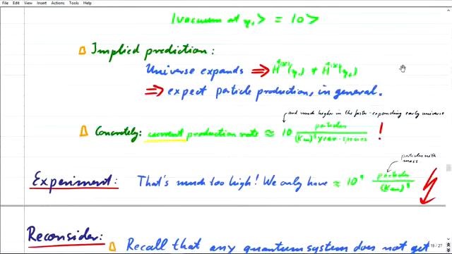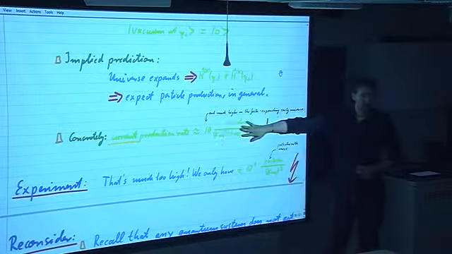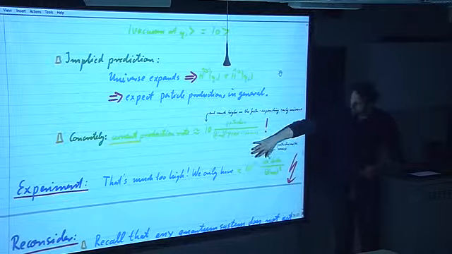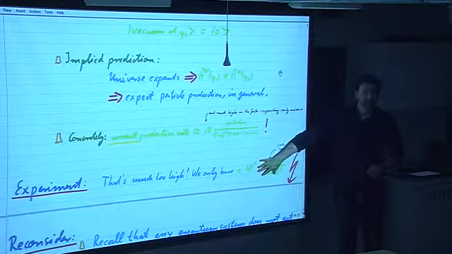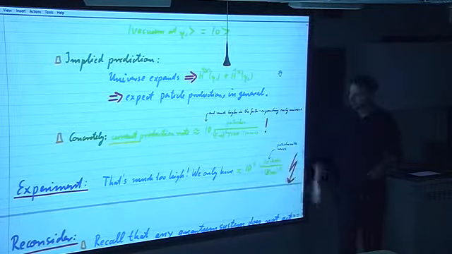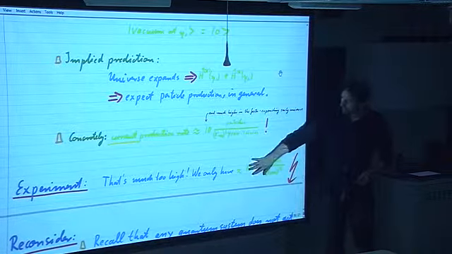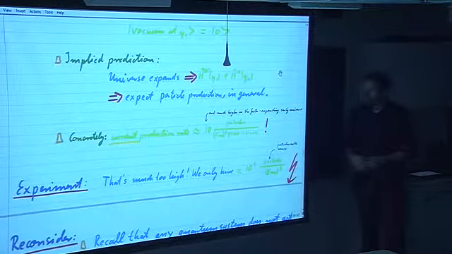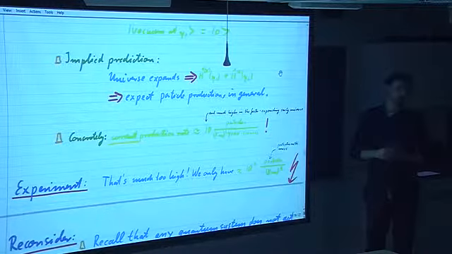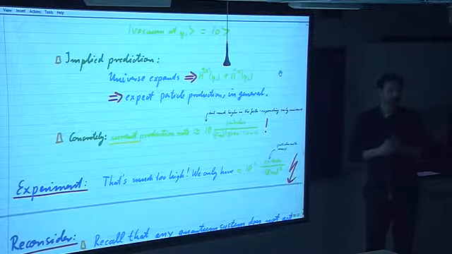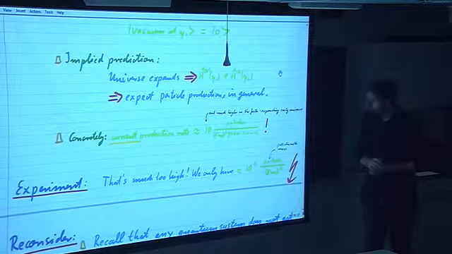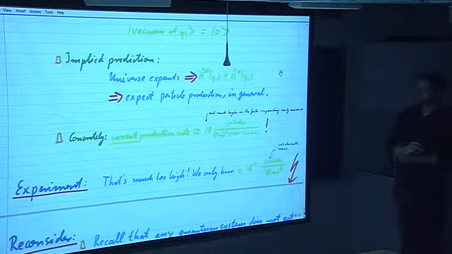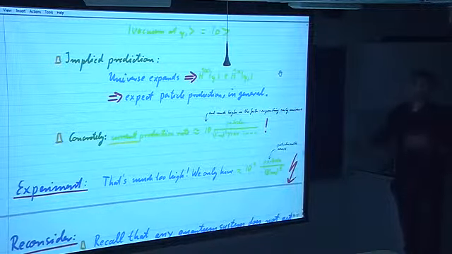We can compare this rate of production with the particle density that we do observe in the universe today. What we observe today is that we have in the universe, on average, about 1 billion particles per cubic kilometer. This is of course the visible matter.